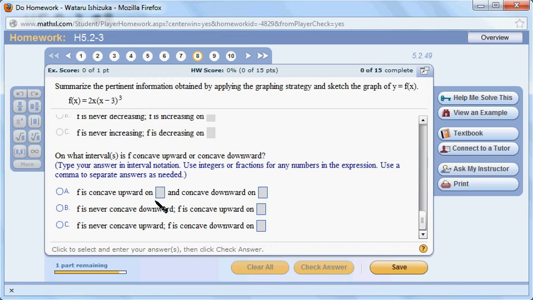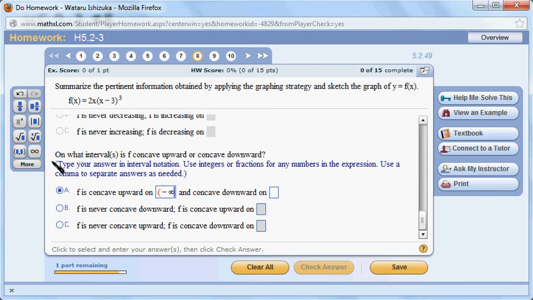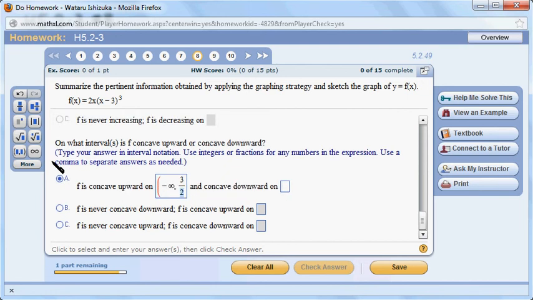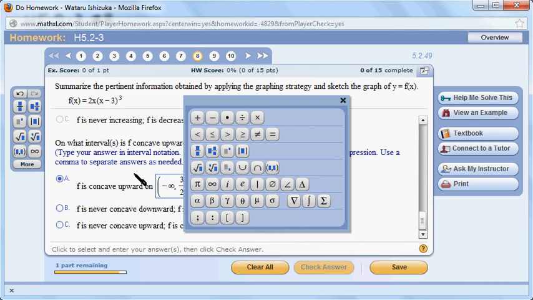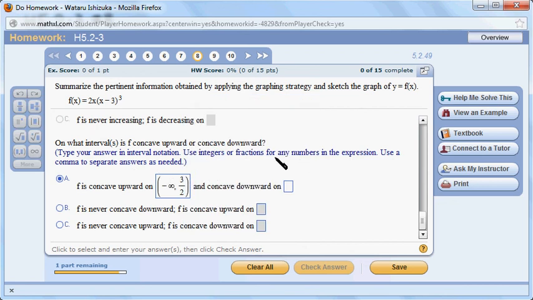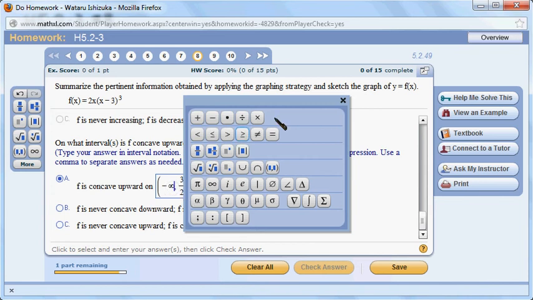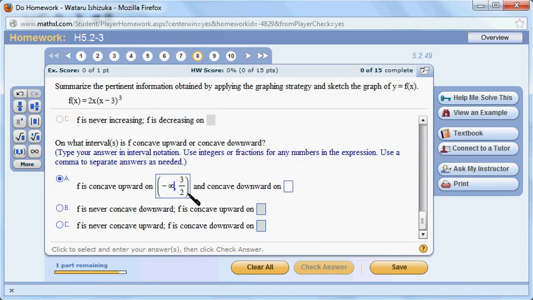It's concave upward on negative infinity to 3 halves. Note, in the answer you have to use a comma to separate the intervals.